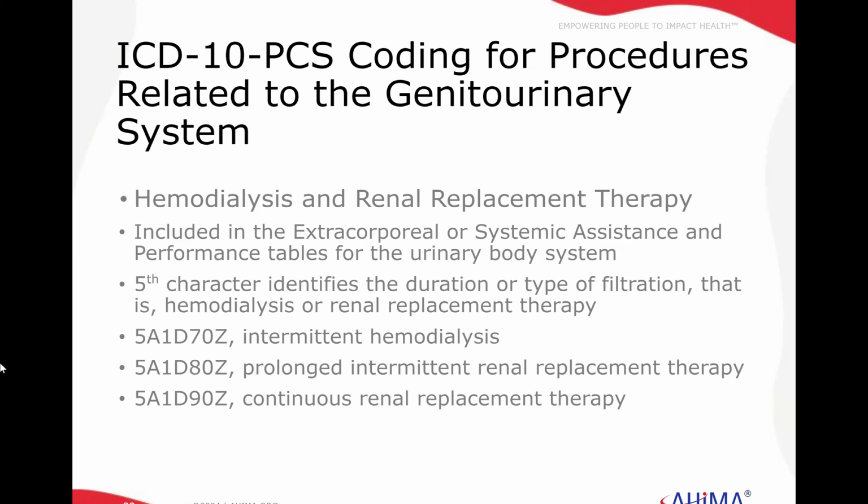So, in terms of hemodialysis, what exactly are we looking for? These are procedures that are included in extracorporeal or systemic assistance and performance tables for the urinary body system. The fifth character would identify the duration or type of filtration, whether it's hemodialysis or renal replacement therapy.